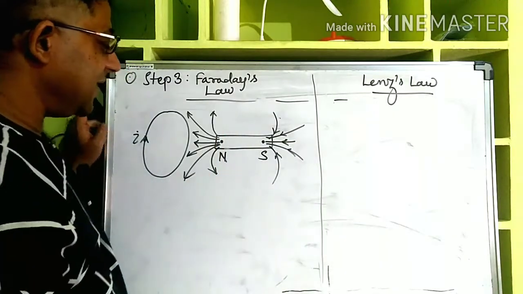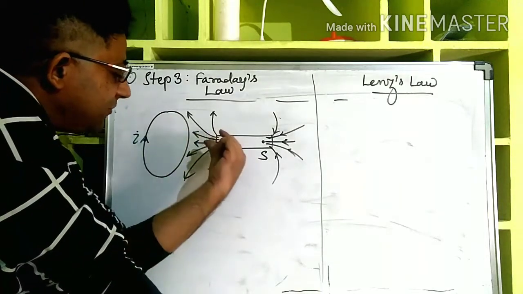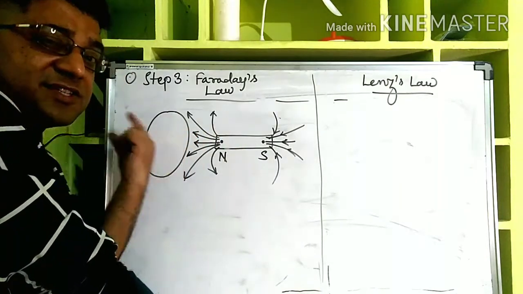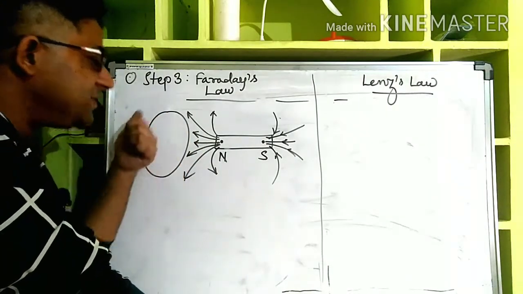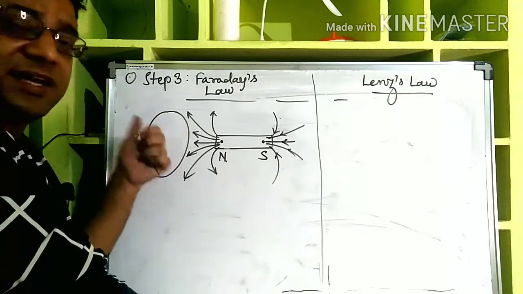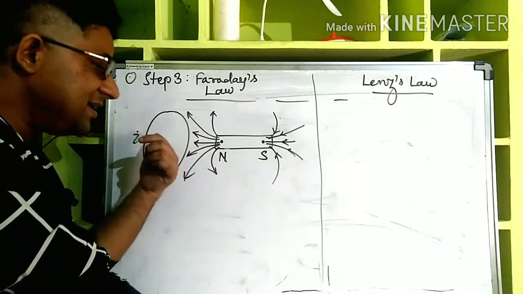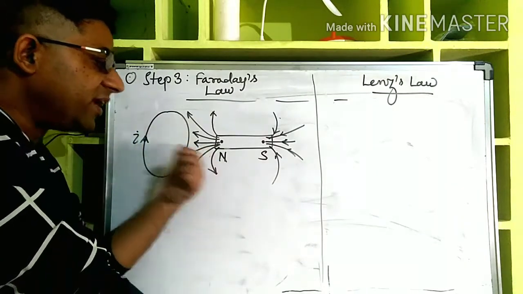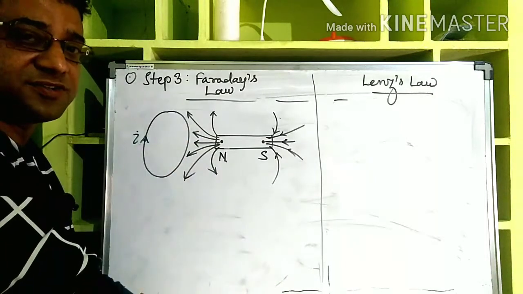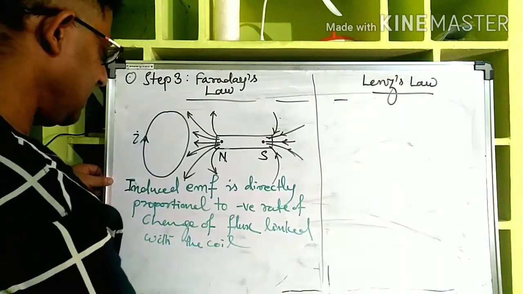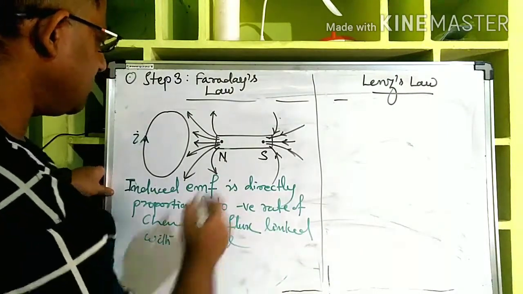It is also seen that only when the flux linked with the coil is changing is there a current. And how much EMF is induced in the coil? It is directly proportional to the rate of change of flux linked with the coil. That's what Faraday's law says: induced EMF is directly proportional to the negative rate of change of flux linked with the coil.